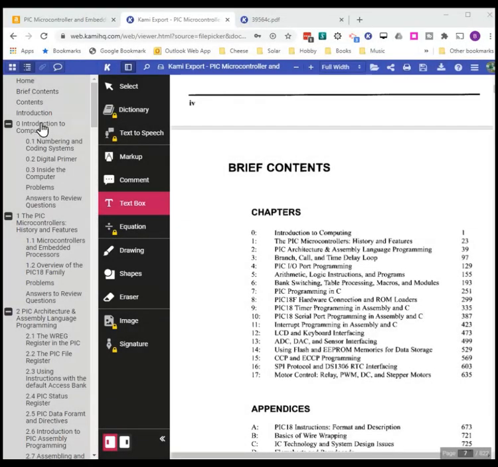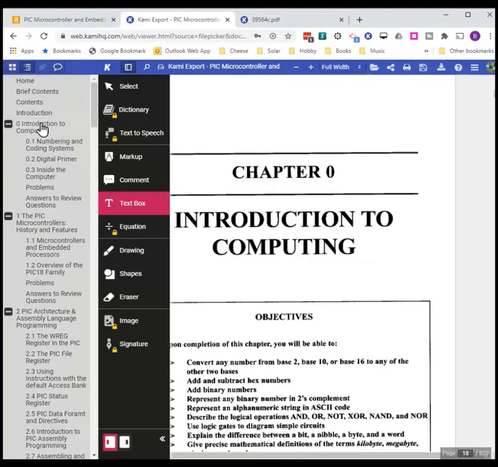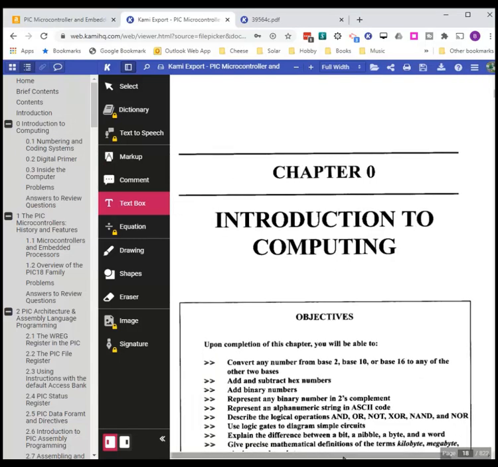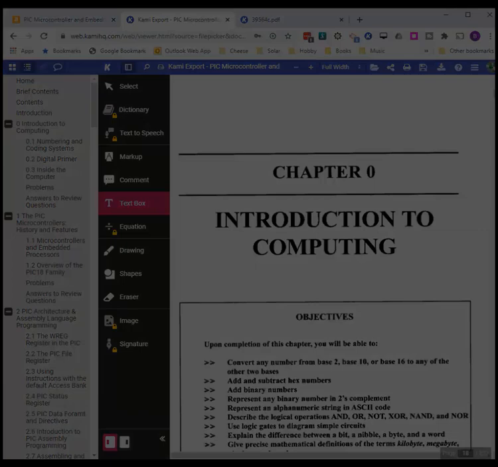The textbook starts with introductory materials on numbering systems and digital logic, which are a great review of the courses we completed last year. It continues by introducing microprocessors and microcontrollers, including an historical perspective.